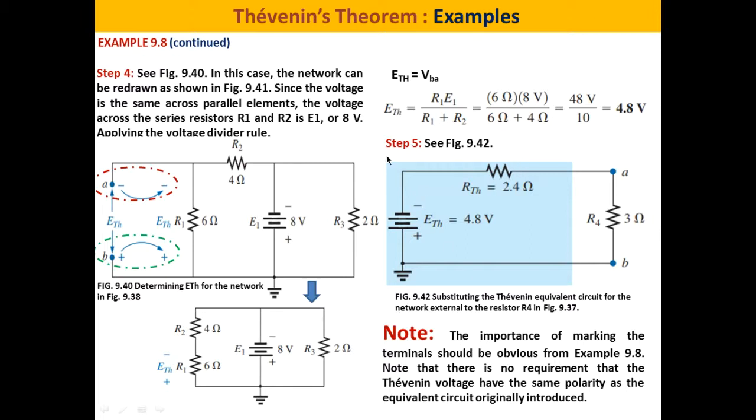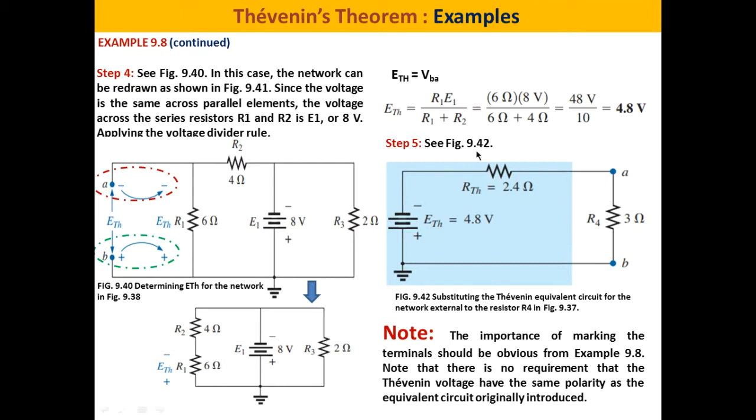So here, what is the Thevenin equivalent circuit of all this part? It is as simple as this highlighted portion. It is E Thevenin plus minus, we do respect the polarity that we have found, in series with R Thevenin, which is equal to 2.4 ohms.